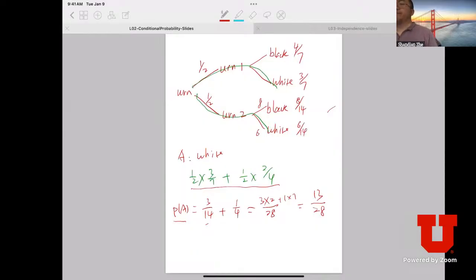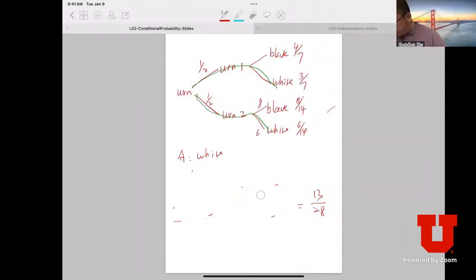So now, if we want to compute the probability you select the white ball, which is the event A, again, you need to calculate the probability for every path and add them together.